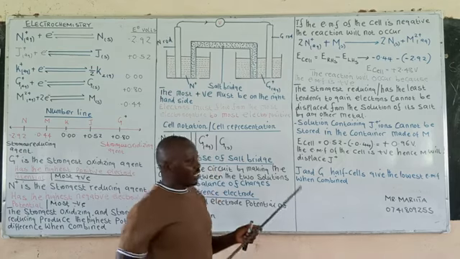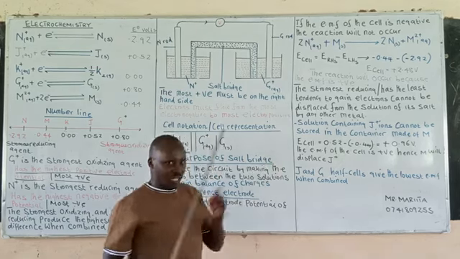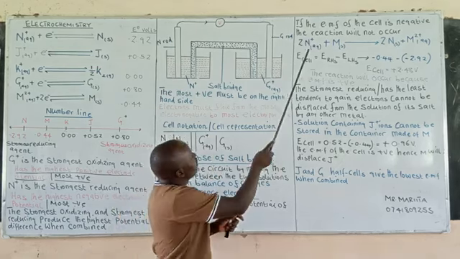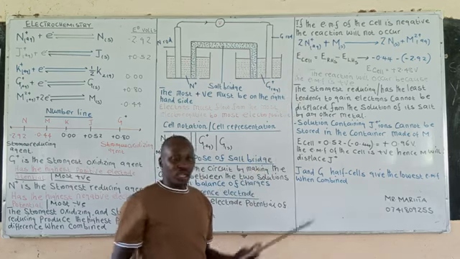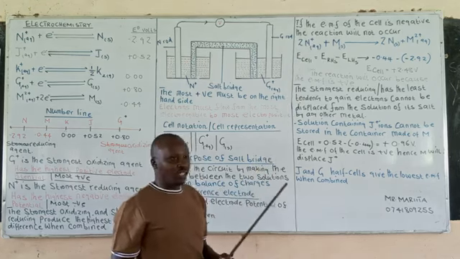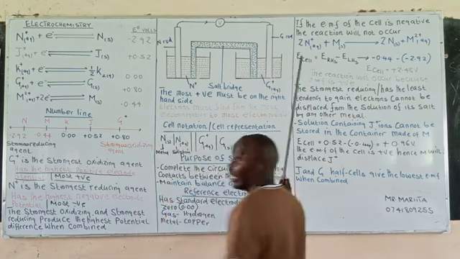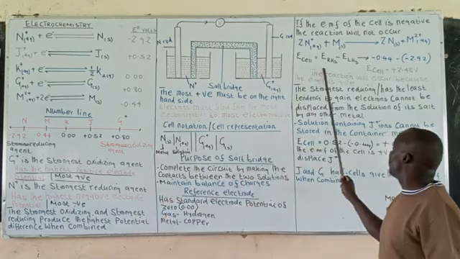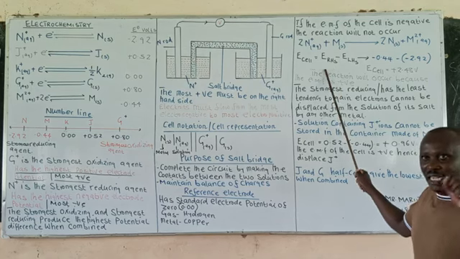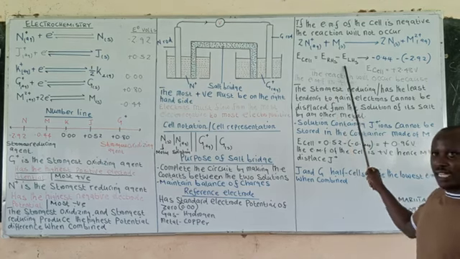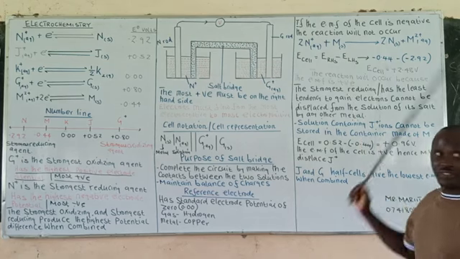So in such a case, how do you calculate the EMF of the cell? For example, suppose we have cells of N and M. How will you calculate the EMF of the cell? The EMF of the cell is given by the electrode potential of the right hand side minus the electrode potential of the left hand side.